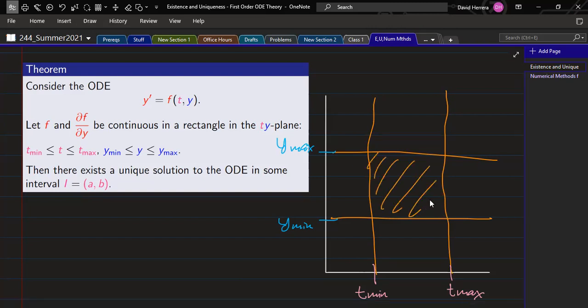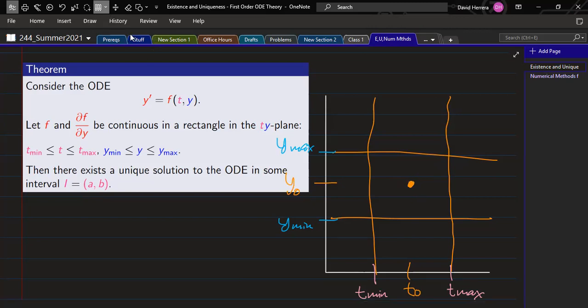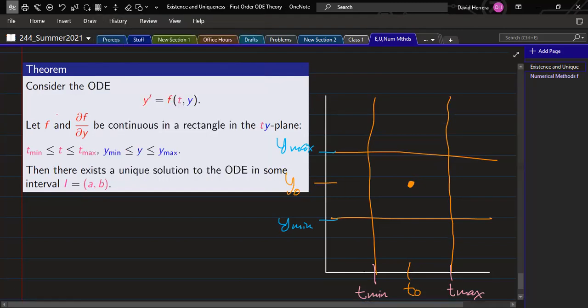Now suppose that we have an initial condition that lives in this rectangle. Suppose you have t naught, y naught, and this is some point here. Now what we're going to do is look at the solution. What do we expect the solution to look like? Well, if our function f is continuous in this rectangle, and the partial derivative of f with respect to y is also continuous, then the solution is going to exist uniquely in this rectangle.